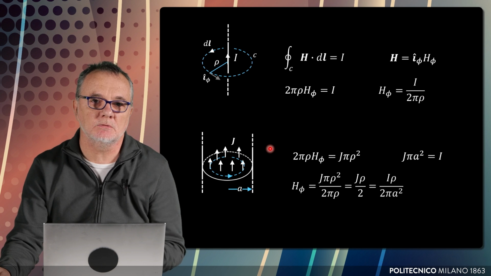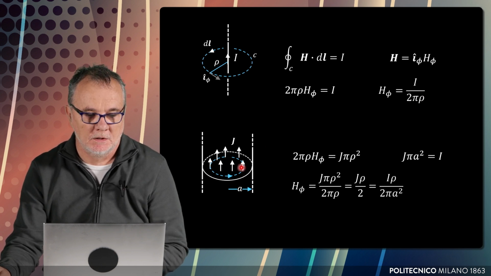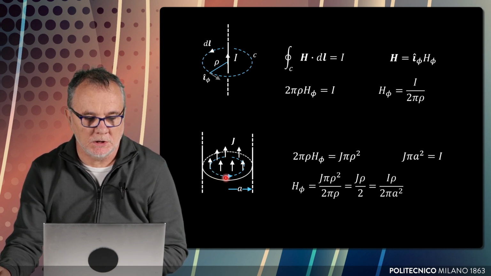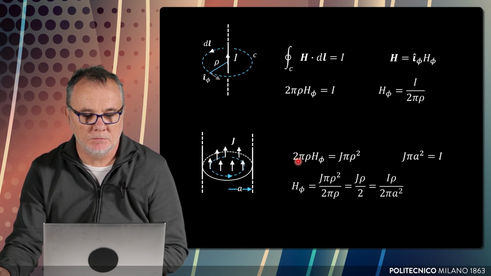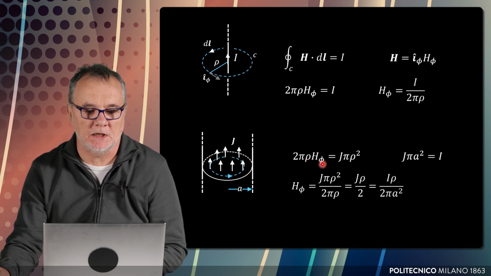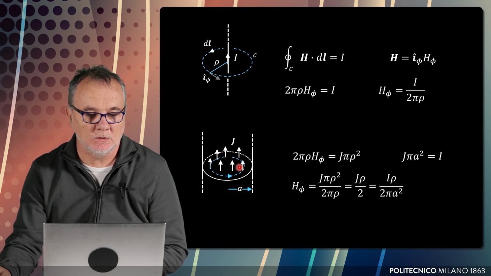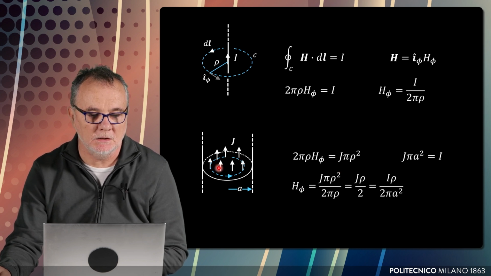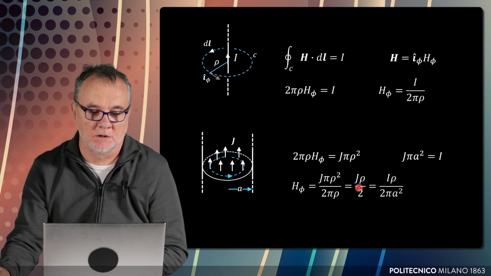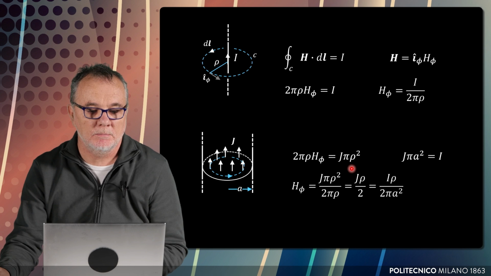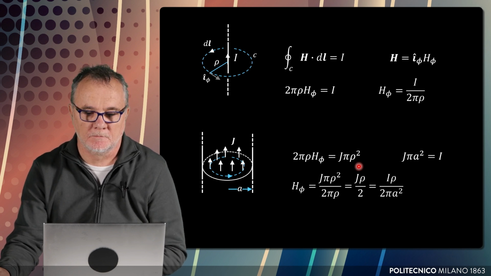But inside, the situation is different. In fact, as you see, when you compute the circulation of H through this dashed blue line, we obtain again 2 pi ρ times H phi, but the result is the total current that flows inside this circle, which is not the whole of the current. It's simply the current density times the area of this circle, which is pi times ρ squared.